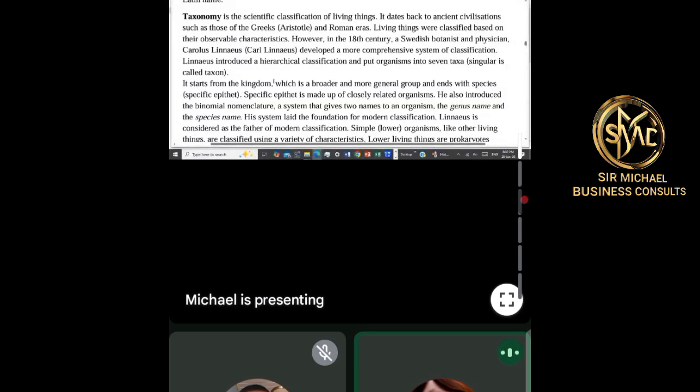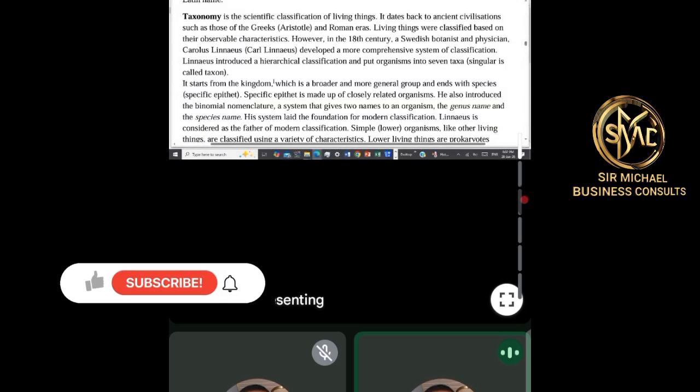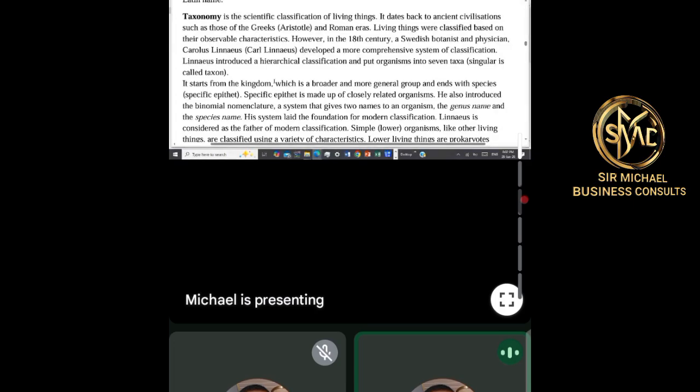Can someone help us list all the taxa in hierarchical order? In some examination you might be asked to mention, from top to bottom, the seven taxa as proposed by Carolus Linnaeus. Anyone who's ready can do that for us, mentioning them in order from the top to the bottom.